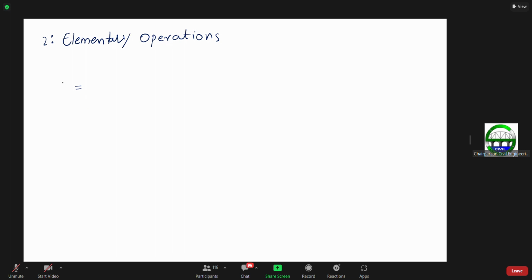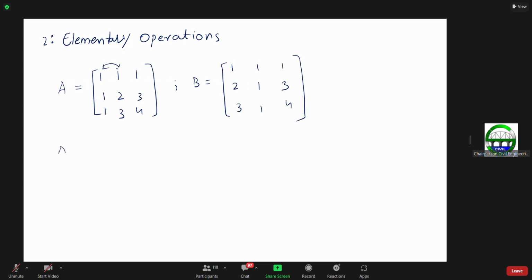Okay, so for example, A is equal to, we will use this example again, 1 1 1, 1 2 3, 1 3 4, and there is another one, B is equal to, let's interchange the columns: 1 2 3, 1 1 1, 1 3 4.